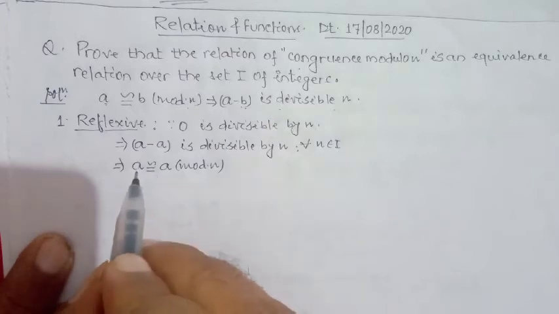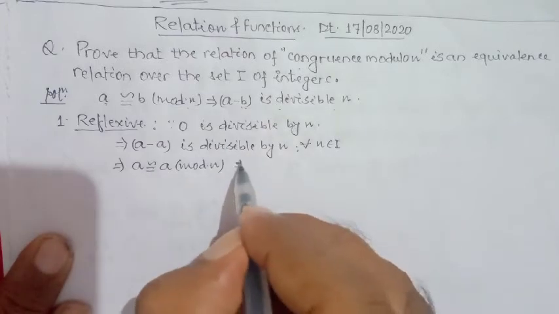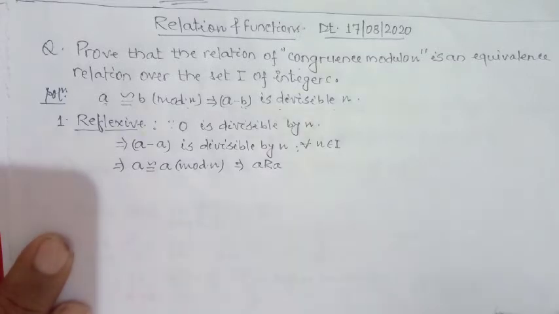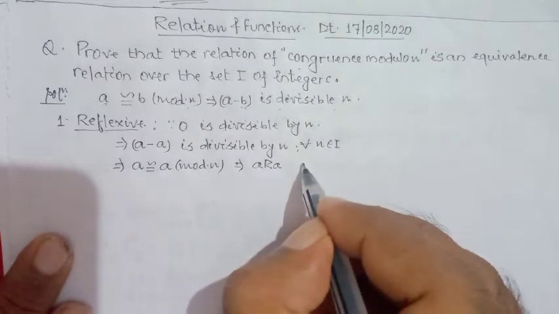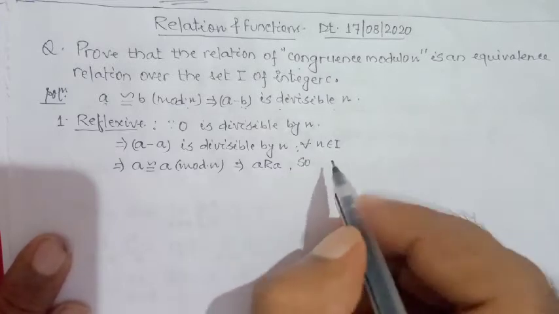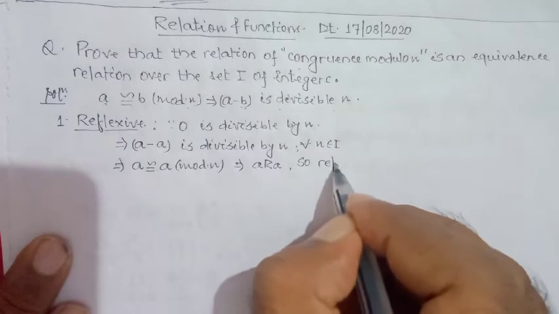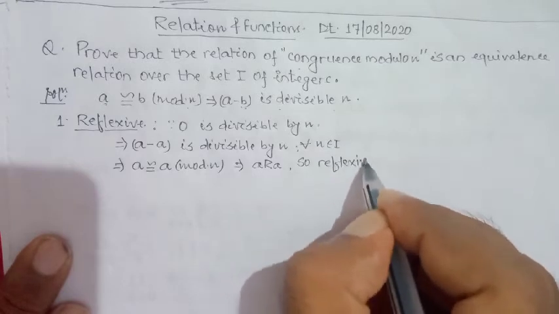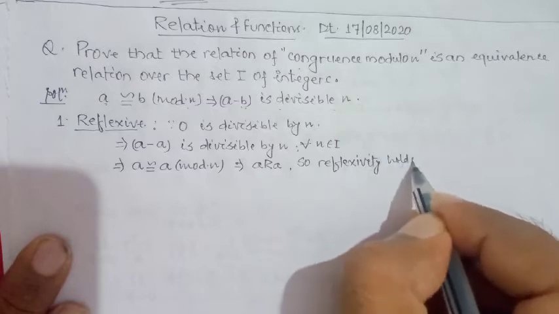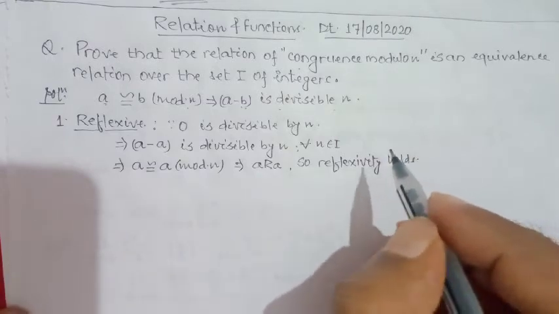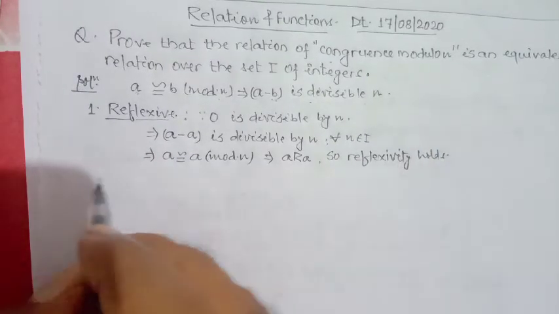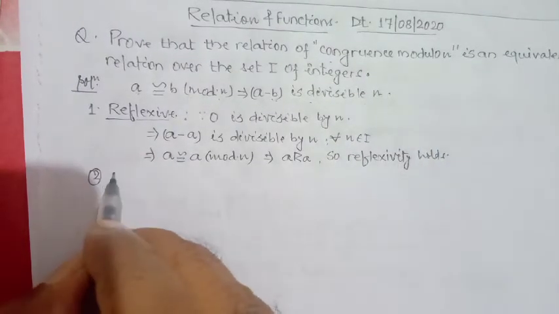So a is related to a, which means it holds reflexivity. Reflexivity holds. Next property, that is symmetry. The second one was symmetry.